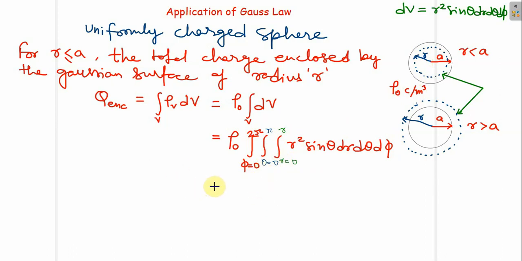So I am writing directly, it is equal to rho 0, and your volume is 4 by 3 pi r cube. And if you solve this triple integral, you will get the same thing, since we know this formula, the volume of a sphere with radius r is 4 by 3 pi r cube.